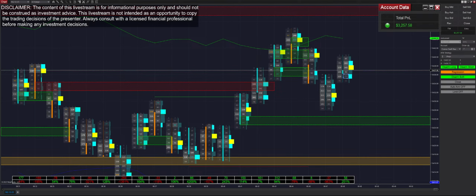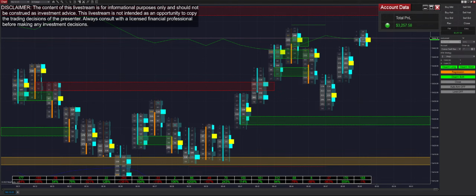Market's starting to slow down here just a little bit. We may actually get a clean break through this reverse RSI.